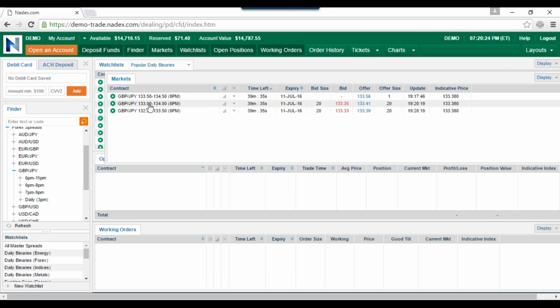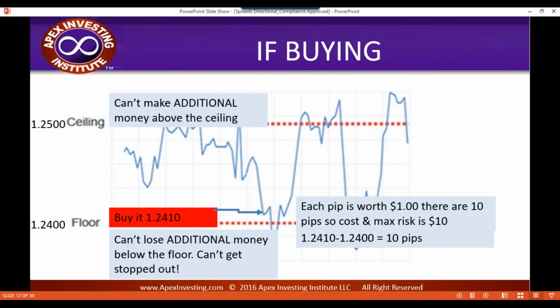This one has a floor of what? 133.00. So this one has a floor 50 pips lower. So that means you're buying more where? Right in the middle of the spread. Correct? Does that make sense? You're buying more in the middle of the spread.